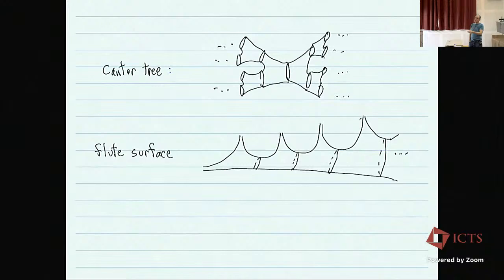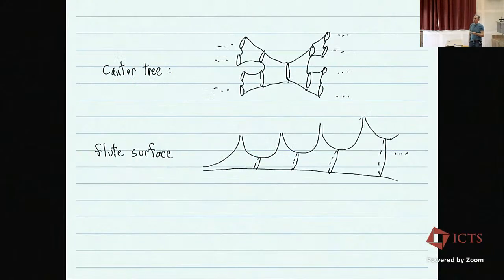And here's a flute surface. It's a flute because it has these holes that you can blow into this part. Put your fingers on this. You need a lot of fingers.